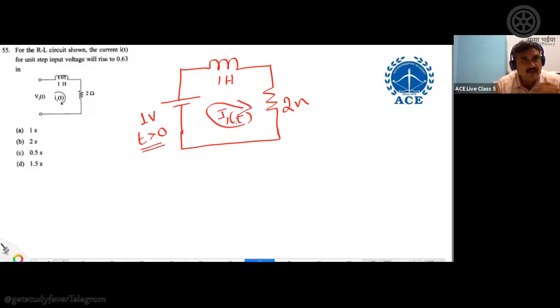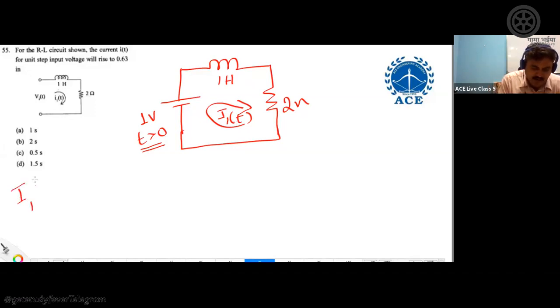So what is he asking? The current i1(t) for unit step input voltage will rise to 0.63 in dash. What is the meaning of that 0.63 in the question?